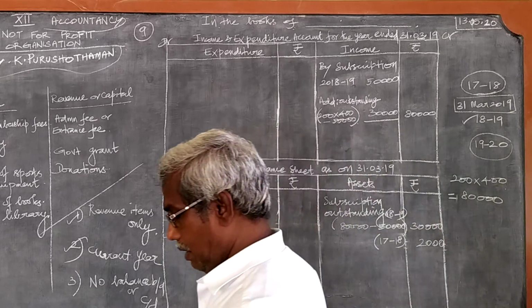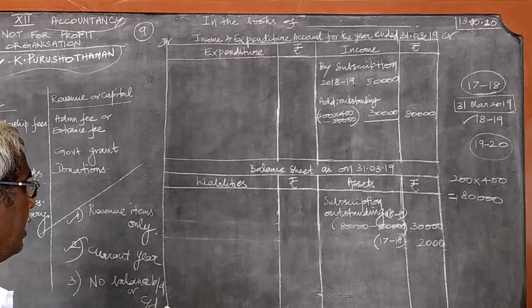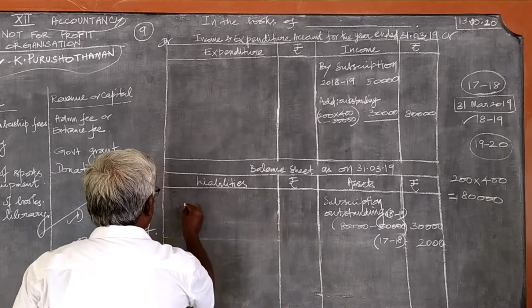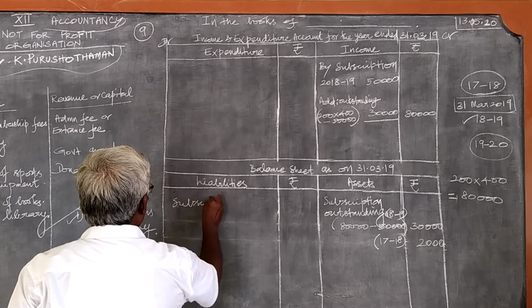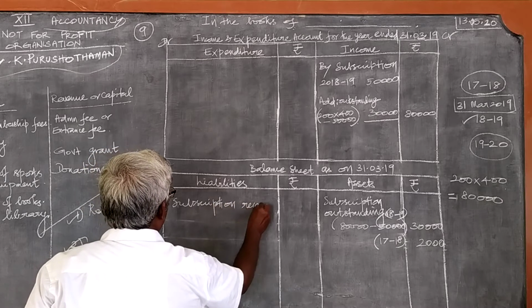And what about the other one? If it is for the coming year, go to the tabular column. For the coming year 1920, this subscription is received in advance. So it must be treated as a liability. Therefore, subscription received in advance.